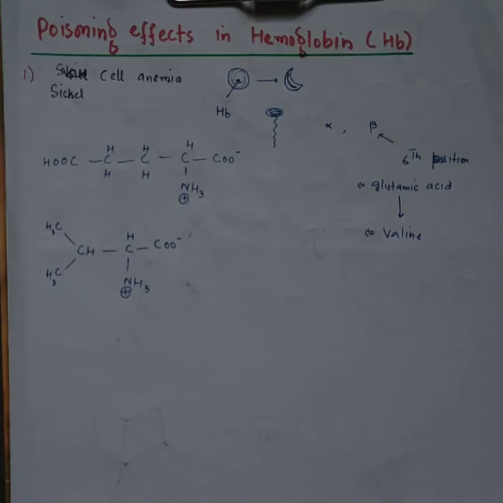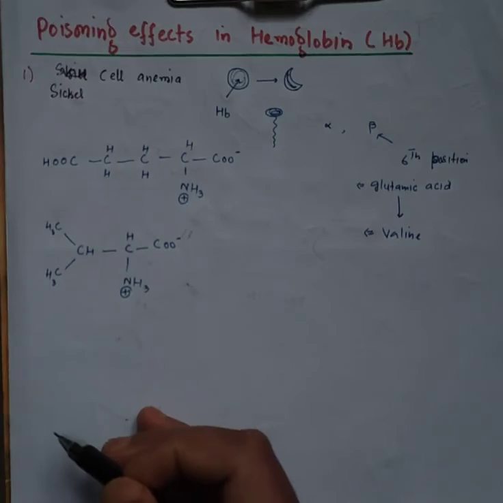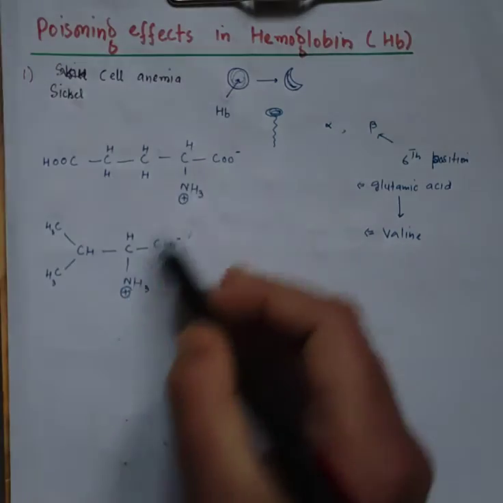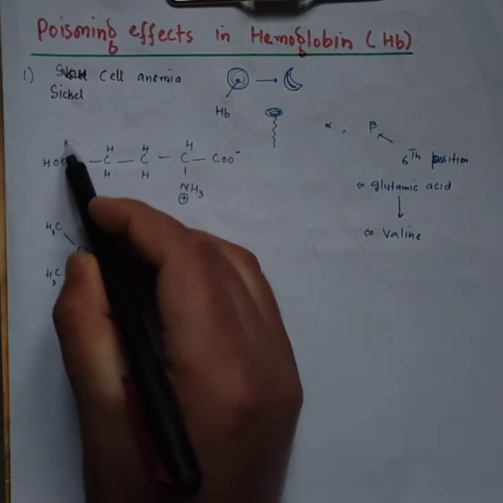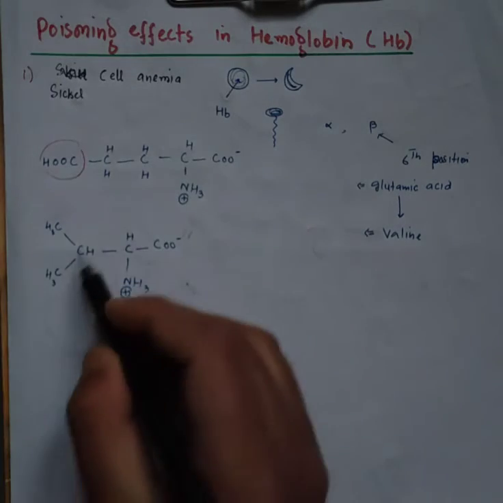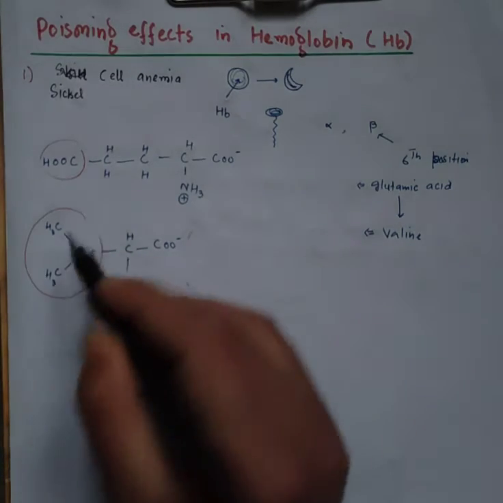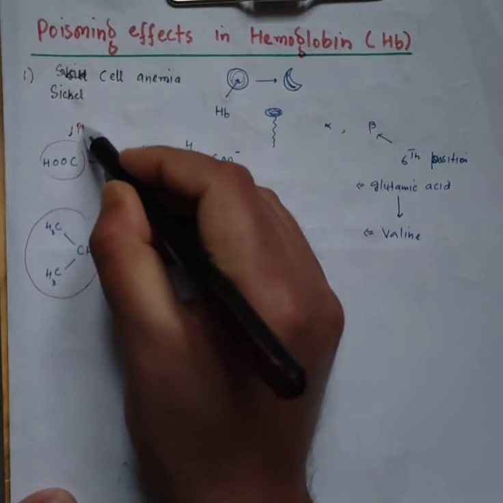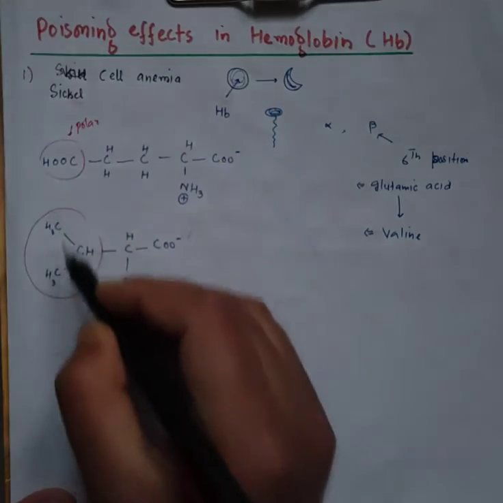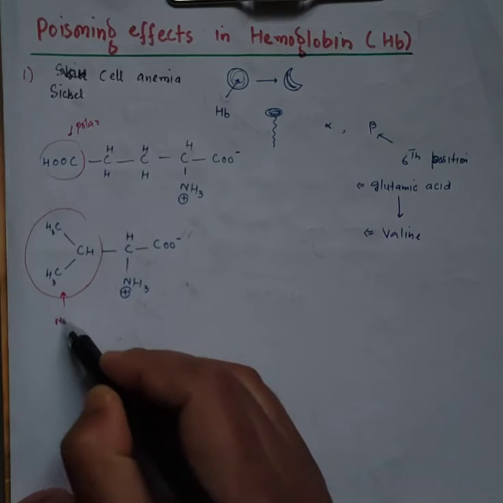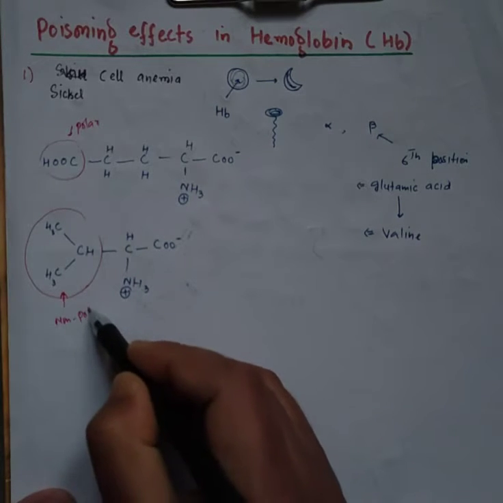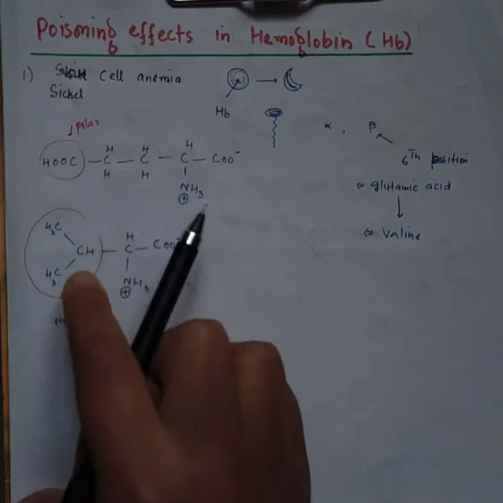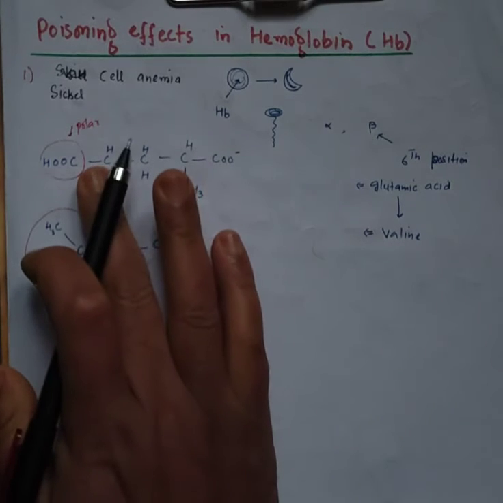Now if you look at both, we'll compare them. This side is the same, but on this side we have a carboxylic acid group, and here we have an alkyl group. So this is a polar part, and this is non-polar. Or you can write that this is hydrophobic and this is hydrophilic.